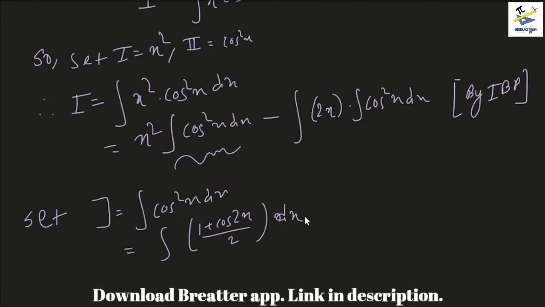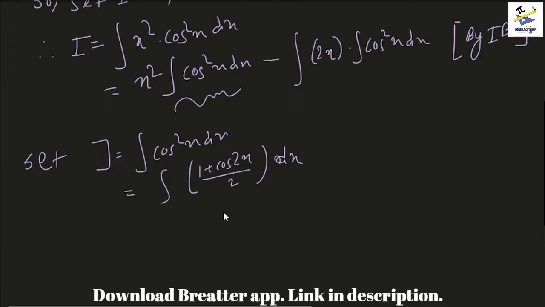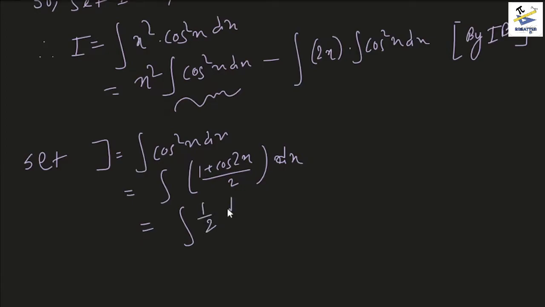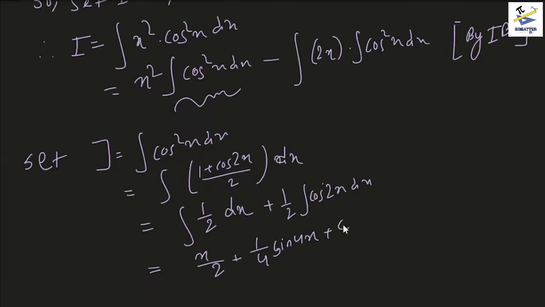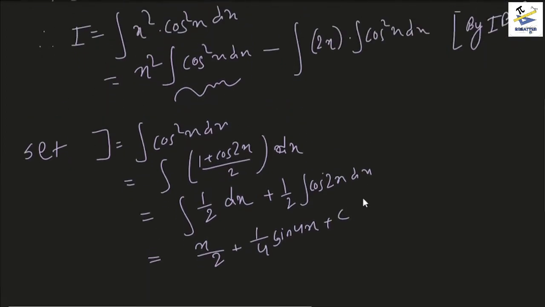This is a formula from double angles in trigonometry, which you already learnt in 11th, and we are going to use it. We first separate the two integrals as half dx plus 1 by 2 into cos 2x dx, and this gives us x by 2 plus 1 by 4 sine of 2x plus C. Right, so this is our required integral, and we would not need the C while evaluating that.